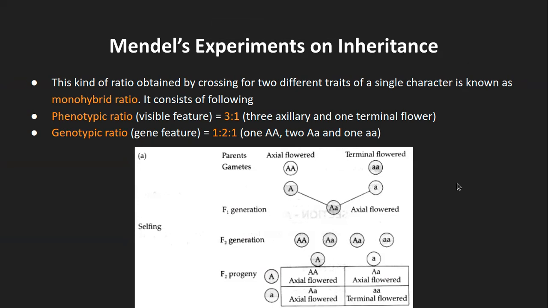One was axial, the other one was terminal, and the homozygous pure breeds of those flowers were crossbred. From that F1 generation we got the heterozygous axial phenotype showing flowers, and then when the F1 generation was intercrossed, we got the F2 generation, which had a phenotypic ratio of 3:1.